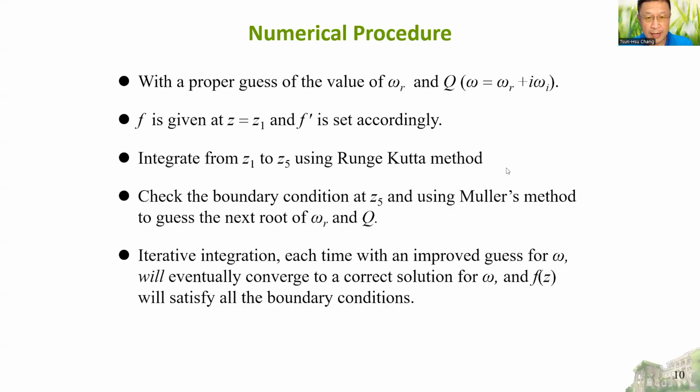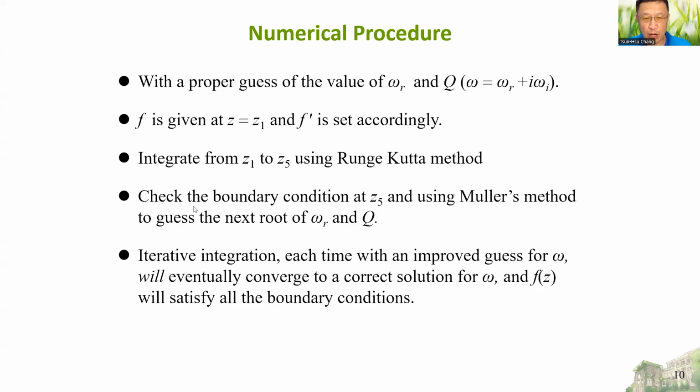Let's continue. We guess omega r and q, the complex resonance frequency, and f is given from z according to the equation I just showed. And integrate from z1 to z5 based on the equation I just showed, using the Runge-Kutta method.